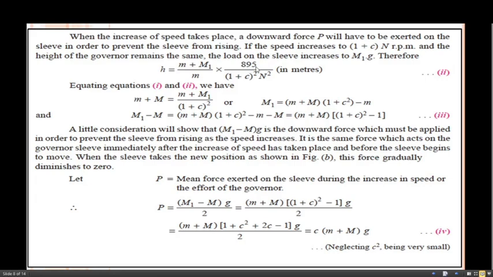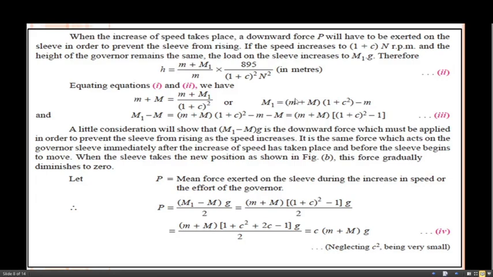Other terms are the same and get cancelled, and here we can get this relation in terms of M1 like this one: M1 equals, this term goes to the left side. After simplification we get M1 equals (m plus capital M) into (1 plus c) square minus m.